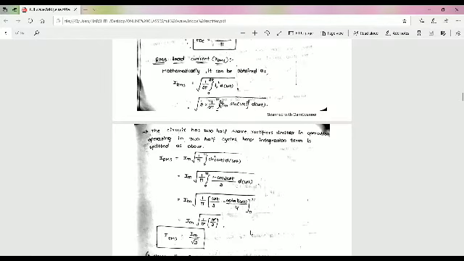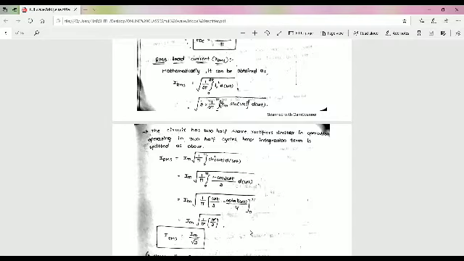So 1 by pi integration of 0 to pi sin square omega t, where sin square omega t equal to 1 minus cos 2 omega t by 2, d omega t. Substituting the limits, we get IRMS equal to Im by root 2.